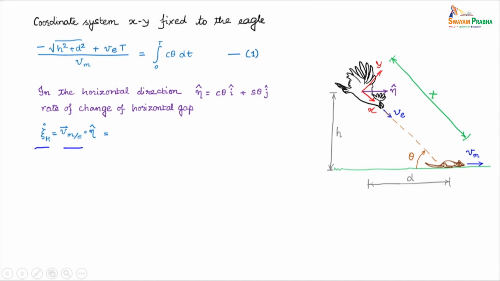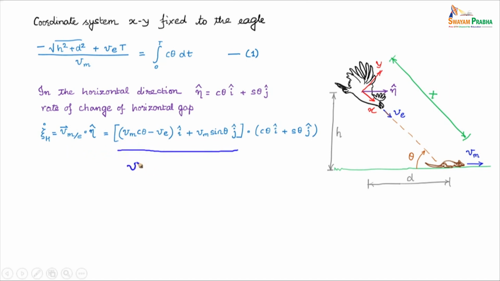And if I write that now explicitly, remember this is our expression of V mouse with respect to the eagle, which is nothing but velocity of the mouse minus velocity of the eagle.